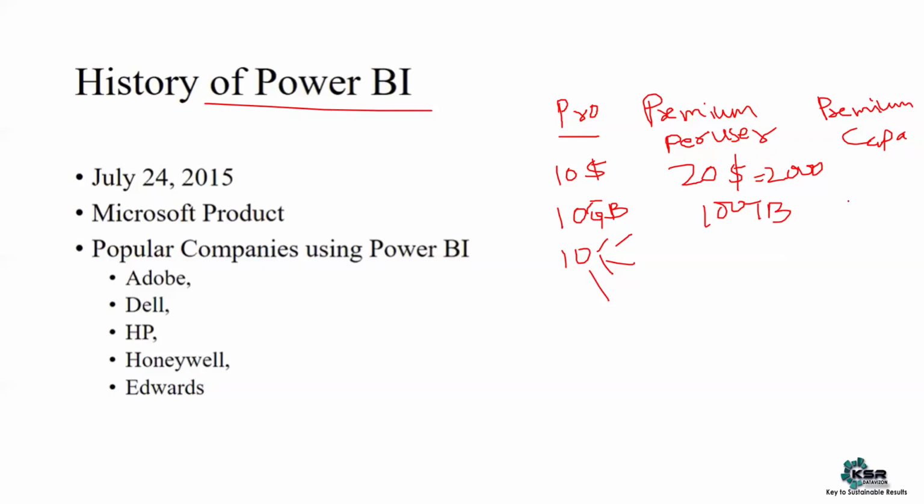And Premium per capacity is also 100 TB, but Premium per capacity comes with, as I've said, if there is an organization which wants to share this capacity with 500 individuals, then this is one of the cheaper options. This is costly if you directly look at the individual level. $4,995 is very costly. But if there is an organization with 500 individuals, if you want to share that, Premium per capacity is very cheap. So this is how licenses go.